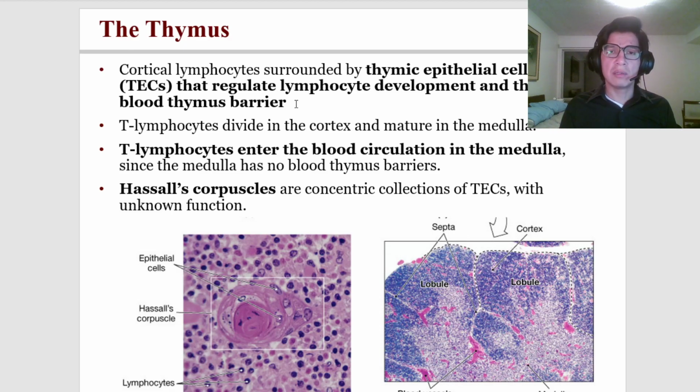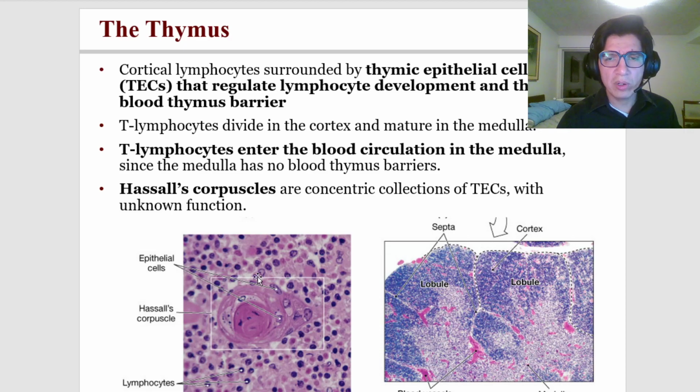If they attack our own cells, there is a selection process that allows those lymphocytes to die. This barrier occurs here at the cortex, and within the medulla, you have the ones that made it through this process, the functional T cells.